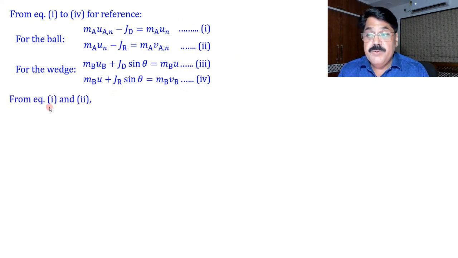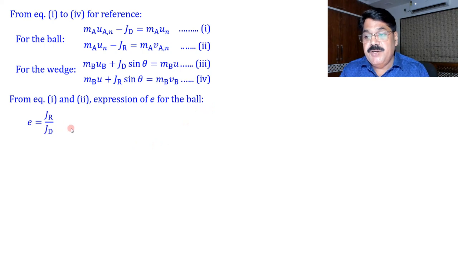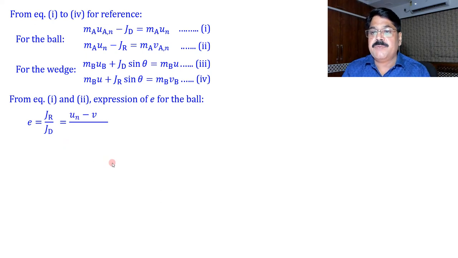Now what we do? From equation 1 and 2, the expression for E for the ball, the same thing we have done while we developed the expression for coefficient of restitution in head-on collision. So E will be JR by JD. So JR we can find from this equation and JD from this equation, and after substituting values, what we get?